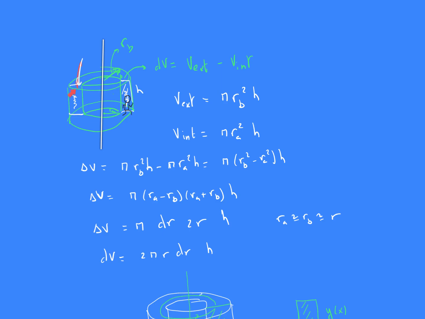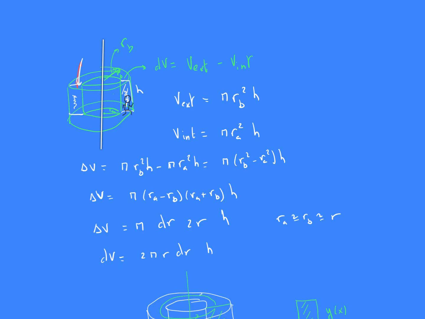What is the volume that he generates when he does one round? The volume that he will generate is the external volume minus the internal volume. In this example, we are going to think that RA and RB are very close. They are not small.